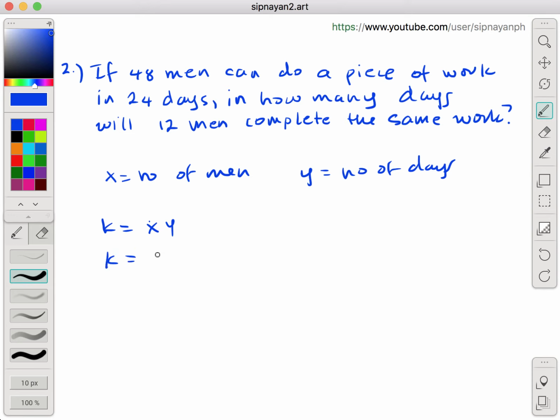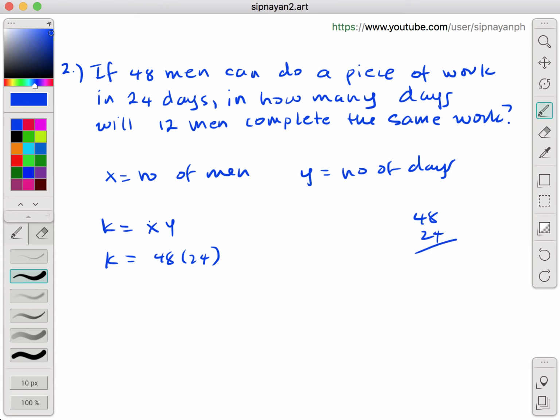So, ang K natin is 48 men times 24 days. Ilan yon? Okay. We can compute later, no? And then, yung sa pangalawang given natin, we have 12 men to complete the same work. So, anyway, 48 times 24.